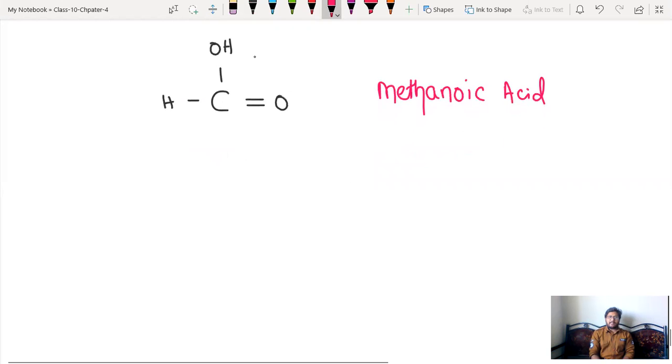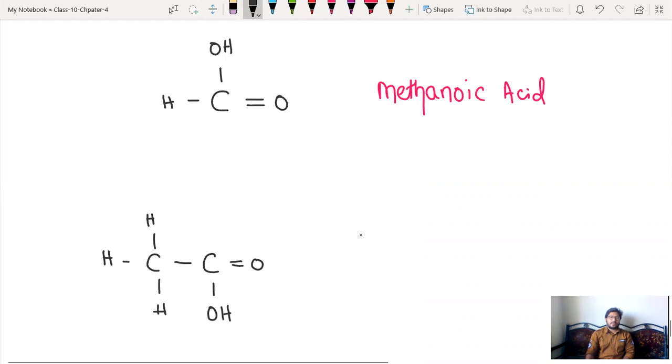Now you will get an idea if I draw another. Carbon, carbon, single bond between carbons, here double bond O, here single bond OH. If you draw it, the valency will become 5, so that is not correct. So hydrogen here, hydrogen here, hydrogen here.